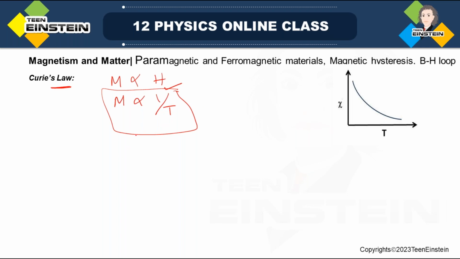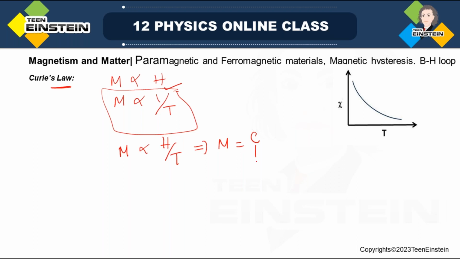Now we will show you here how paramagnetic susceptibility varies with temperature. Combining these two proportionalities, I can write M equals C H by T, where C is a constant.